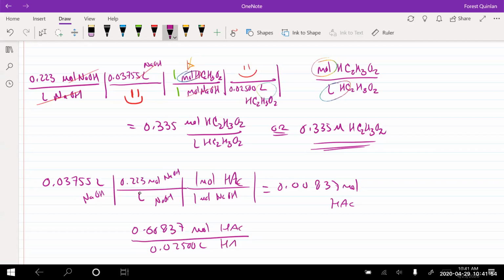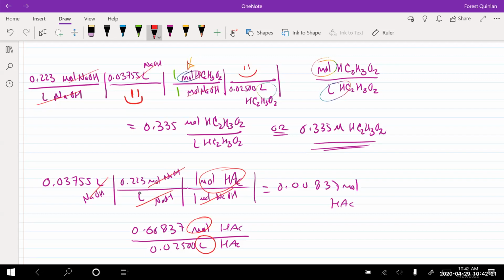And he will break this up into 2 problems instead of keeping it all as 1. The reason he does that is because everything cancels really nice. You're left with moles, you take the moles divided by liters, and there's no blank spots. I don't like spreading it out because the more numbers that you have to transpose and rewrite and drag somewhere, the more likely you are to do it wrong.